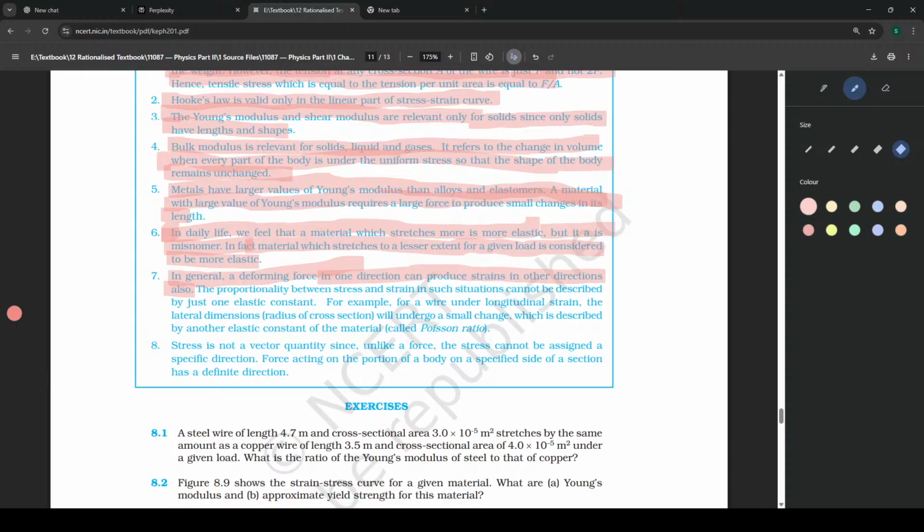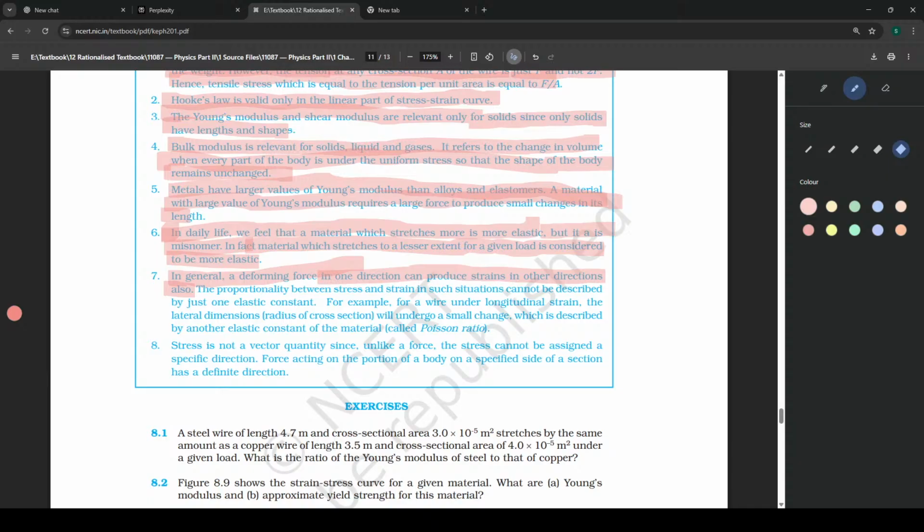That is to conserve matter, the volume should be maintained. As the length increases, the area decreases, the radius decreases. So there is not only a change in the longitudinal direction, where there is an increase in length, but also in the area that is perpendicular to the direction of the force.